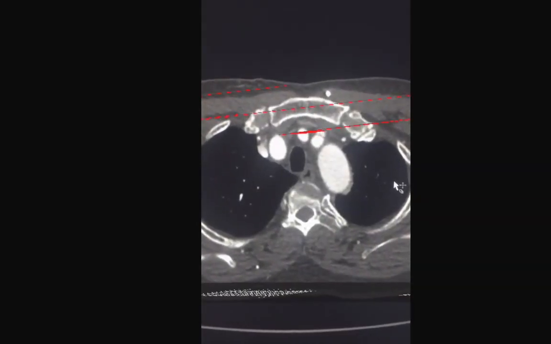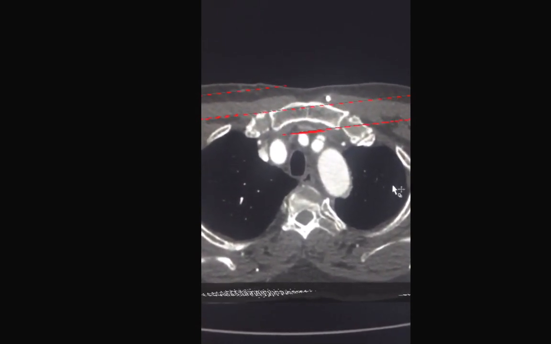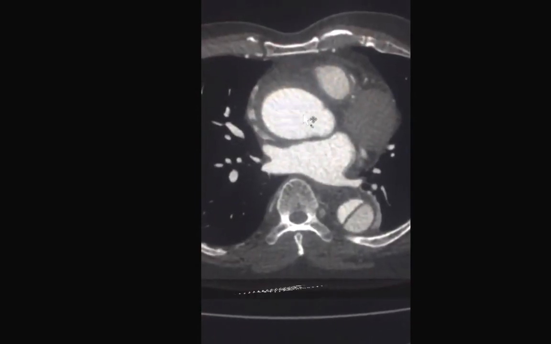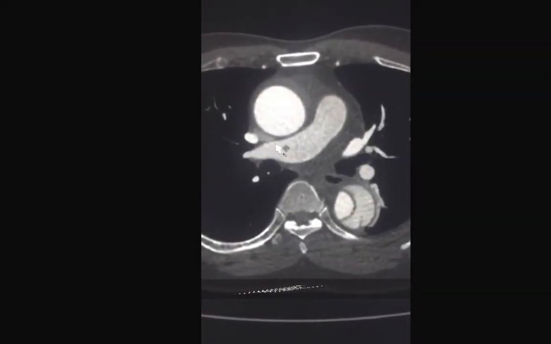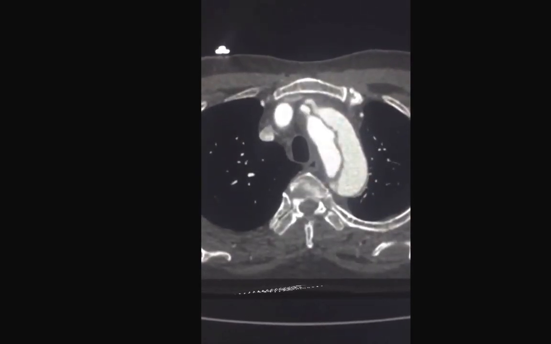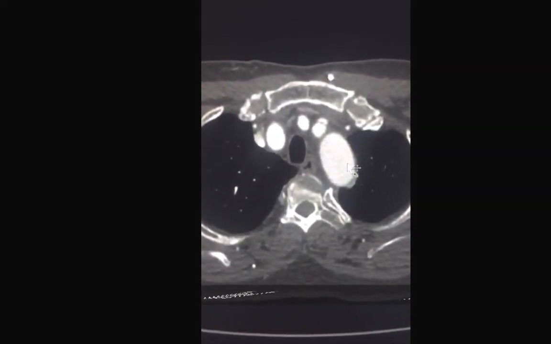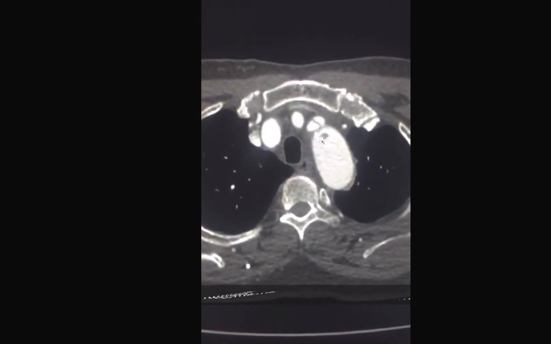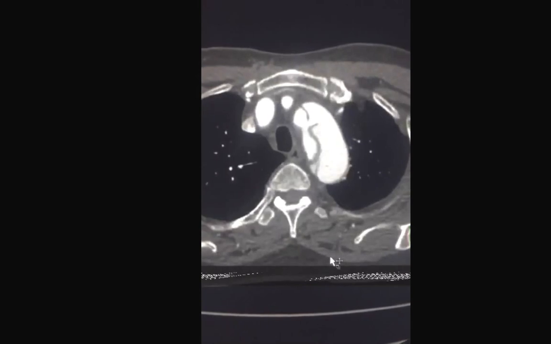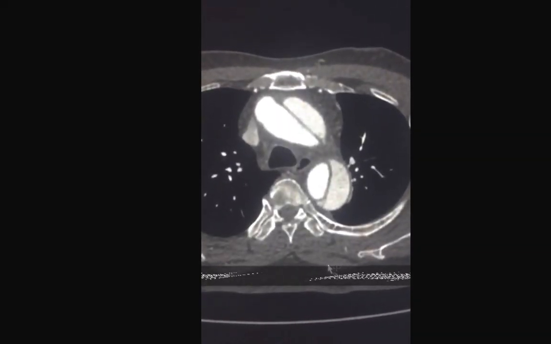The left subclavian artery is an important landmark that's going to help us divide our different types of dissections according to the Stanford classification. Any dissection that involves the aortic root, the ascending aorta, or the aortic arch all the way to the left subclavian artery is called a type A. A dissection that is isolated to the descending aorta, so isolated to the segment after the subclavian, is called a type B. To memorize this, type A, any involvement of the arch or ascending aorta.